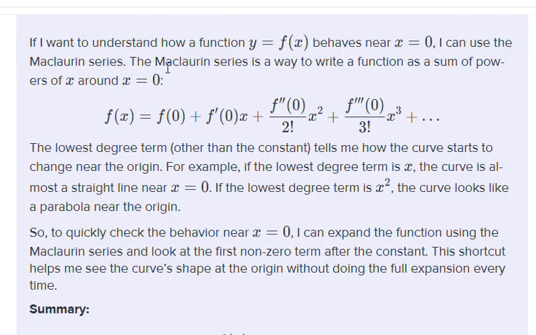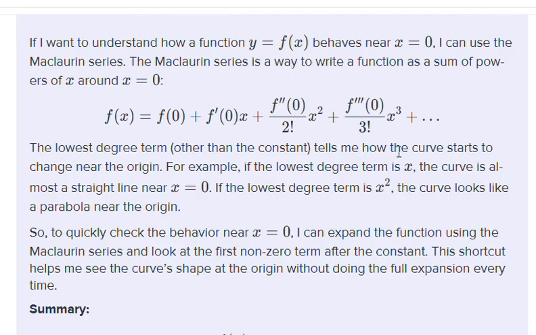As I told you, we can take a closed interval 0 comma x, where x is very close to 0. We can apply the Maclaurin series to express the function at x. If x is very close to 0, the higher degree terms x square, x cube become negligible.